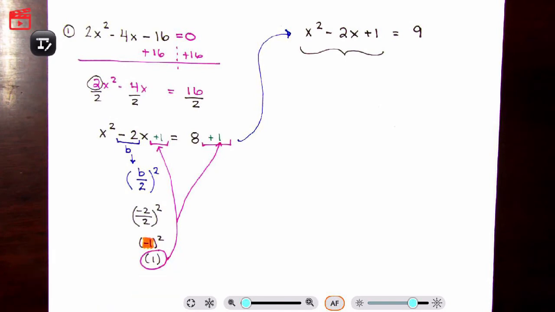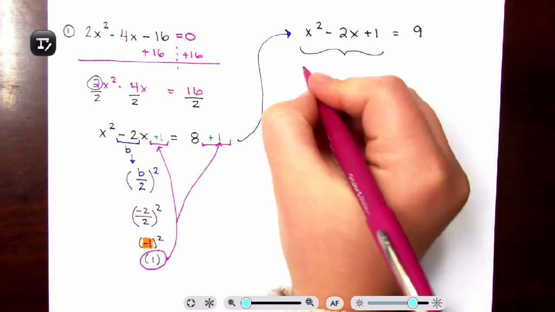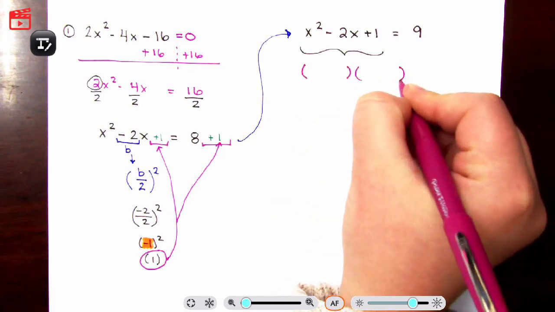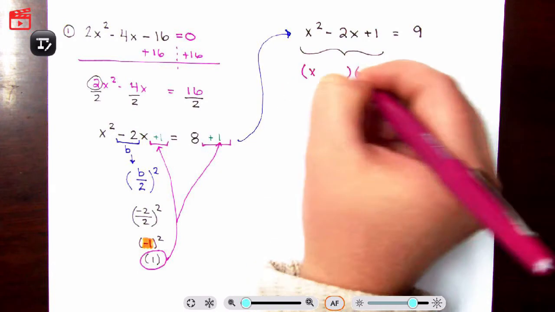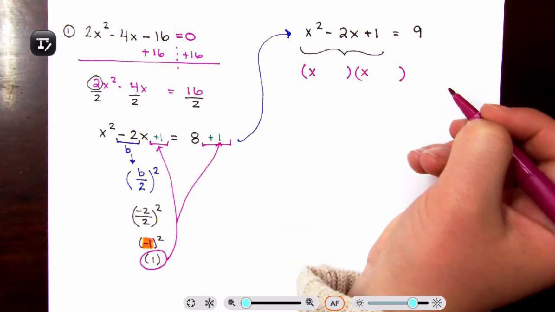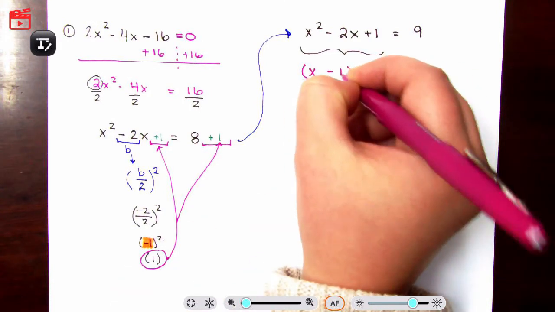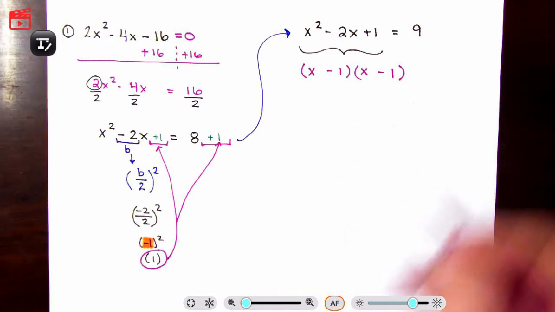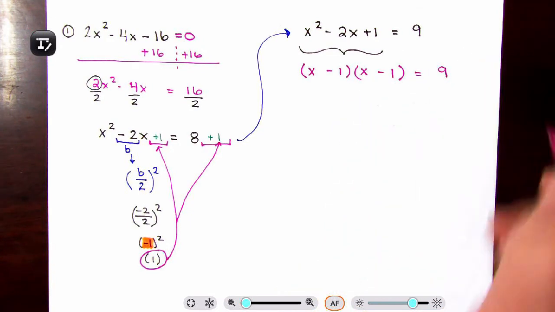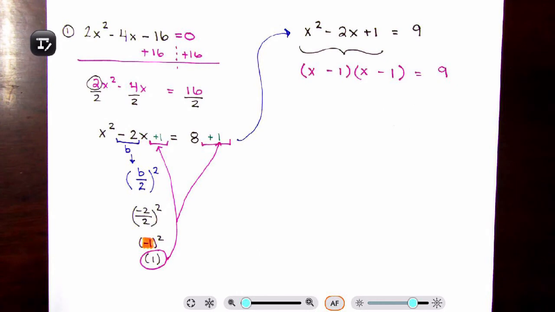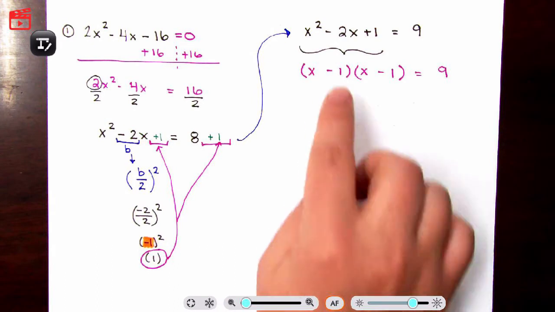So that's kind of like a hint or a cheat that this is going to be one of your factors, both of your factors. So when you're factoring, this is going to be your x, this is going to be your x, and then here, you're going to take this -1 from b divided by 2, and those are going to be your factors. Now, you don't have to remember that step. It just is helpful if you're stuck, and maybe sometimes you will have fractions. So always take b divided by 2 and place that as your factors.